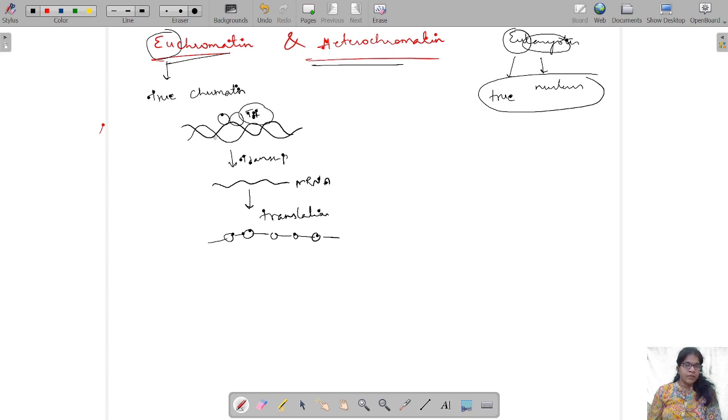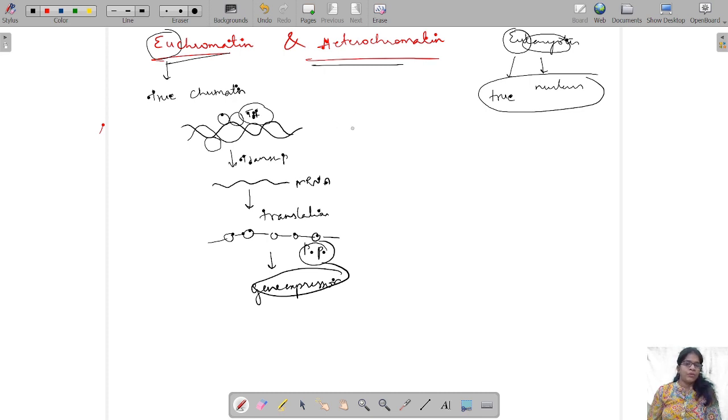These transcription factors bind onto your DNA, helping mRNA production and thus your polypeptide chain. This is very important. That is nothing but gene expression. If a gene is able to express itself, it means that it is transcribed and translated. Every gene needs to go through this transcription and translation.